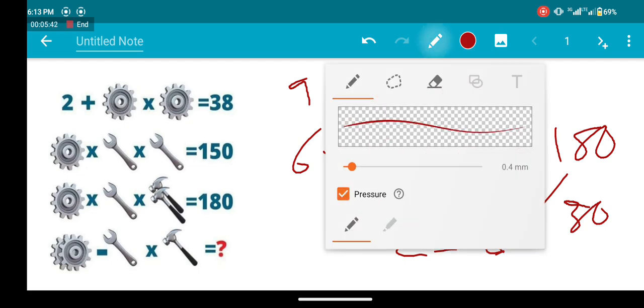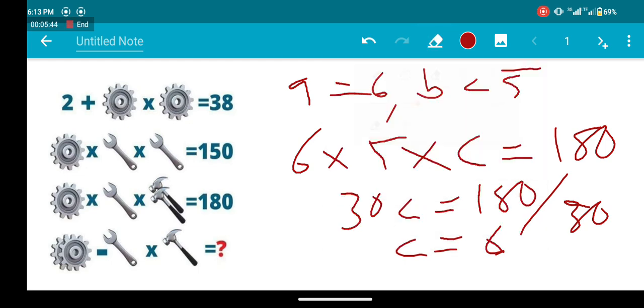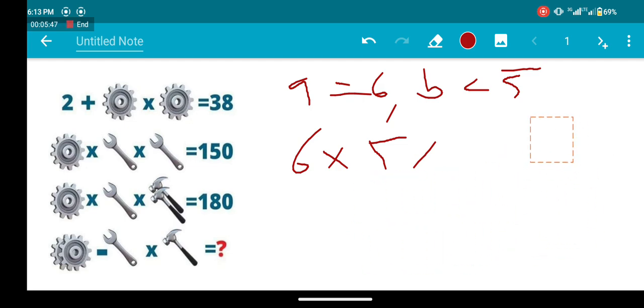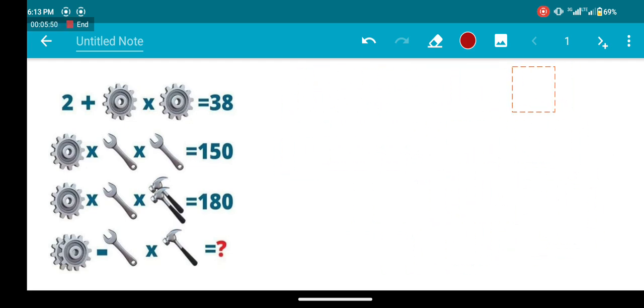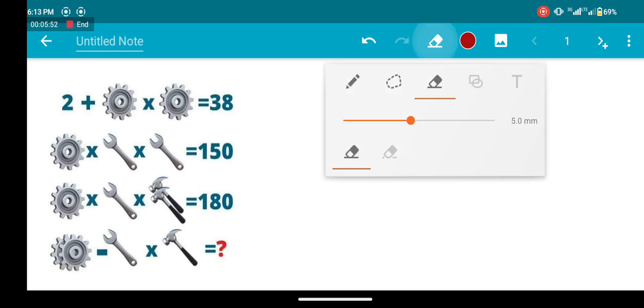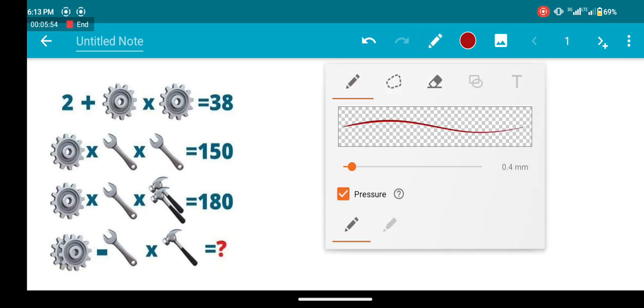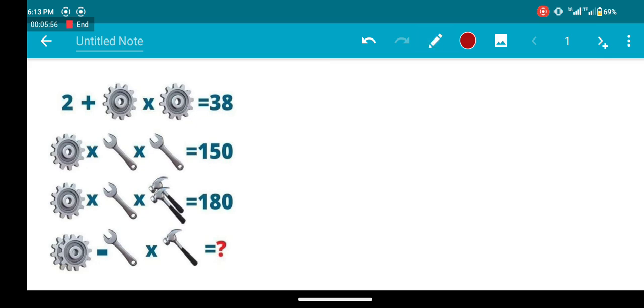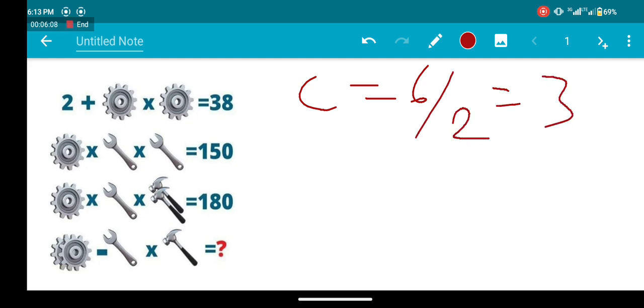So with the two hammers there, when you divide the value we got, C is equal to 6, by 2, we now know that our answer there is 3. So each hammer is equal to 3.